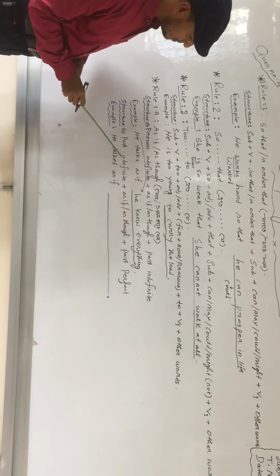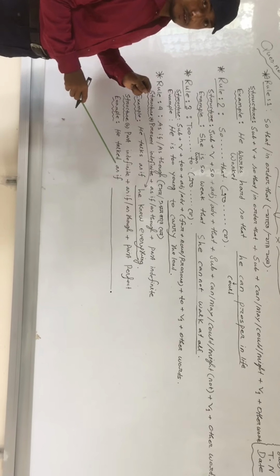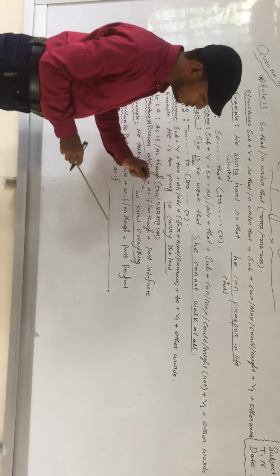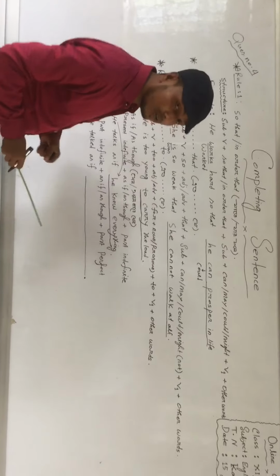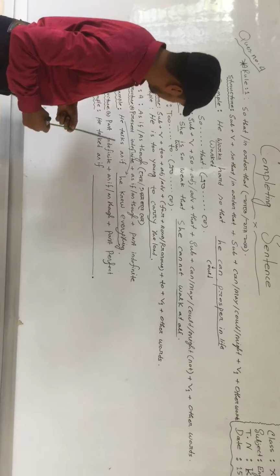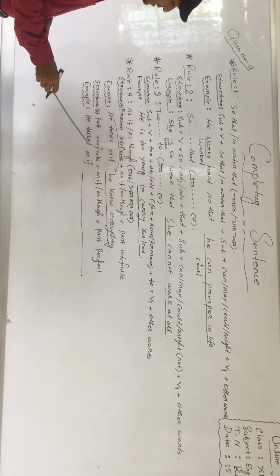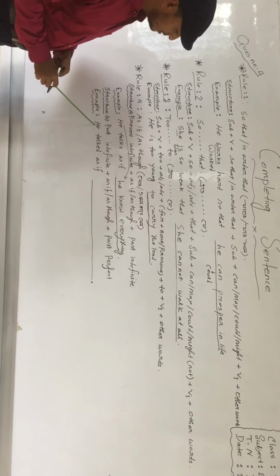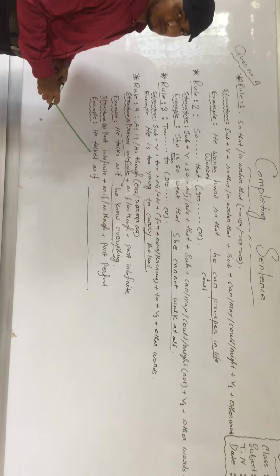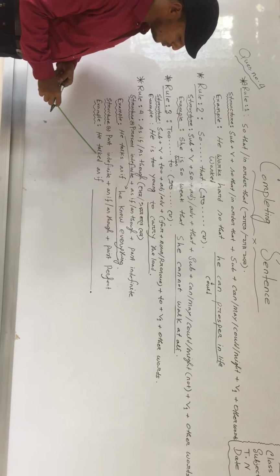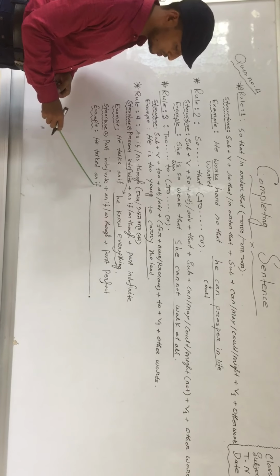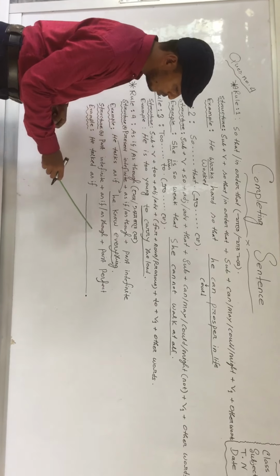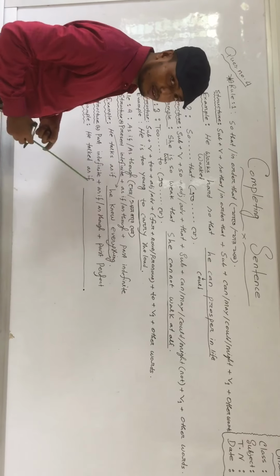The first clause is past indefinite. If the first clause is past indefinite, then you should use the second clause in past perfect tense. My dear students, here is the example: he talked as if. This is past indefinite tense, subject plus V2, then as if or as though, and here we should use the past perfect tense.